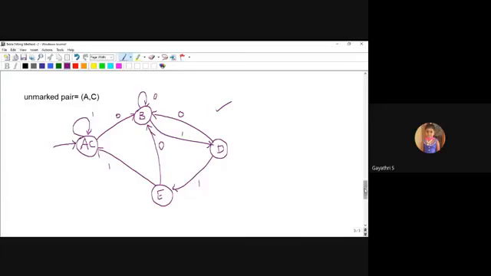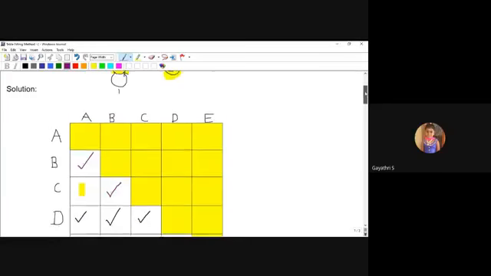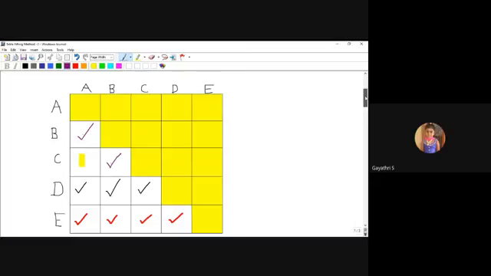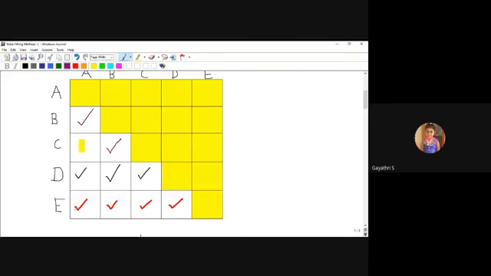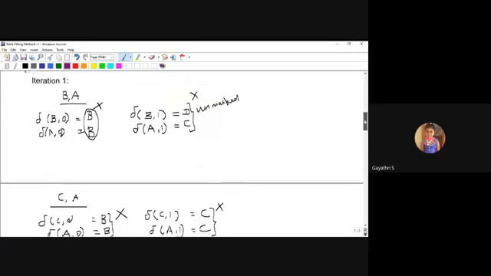What is step one? In step one, you have to draw the table. In step two, mark the combinations where P belongs to F and Q does not belong to F. This is the first iteration marking, shown in red.